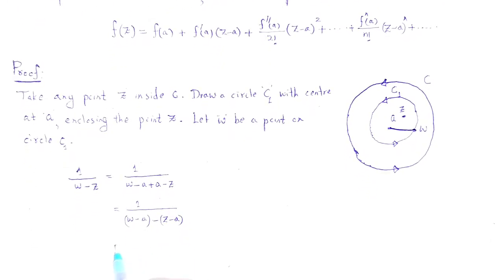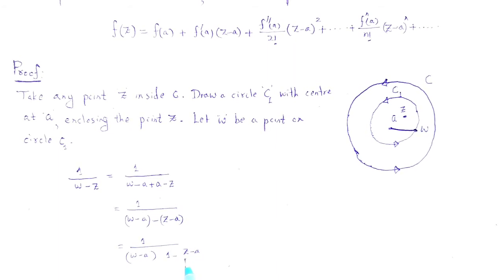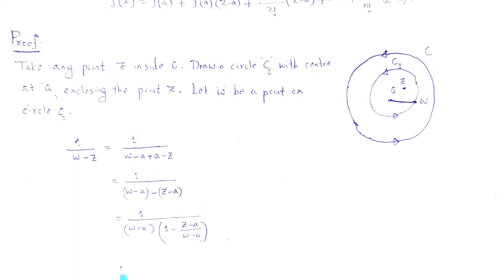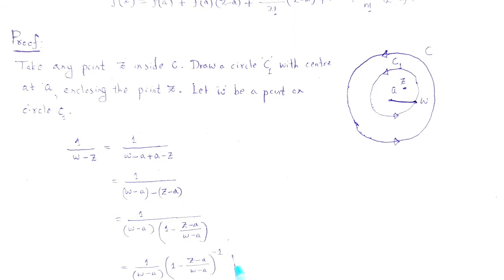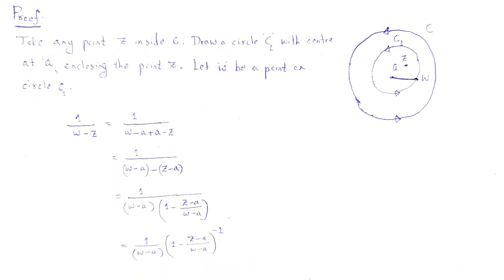Taking 1 divided by W minus A as common, we have 1 minus Z minus A divided by W minus A, which is equal to 1 divided by W minus A, times 1 minus Z minus A divided by W minus A, to the power minus 1. It can be expanded binomially.